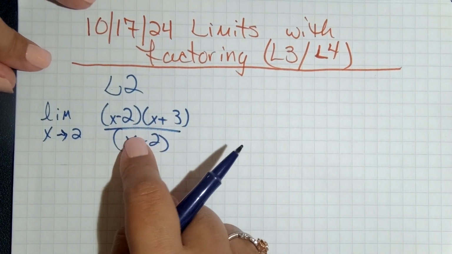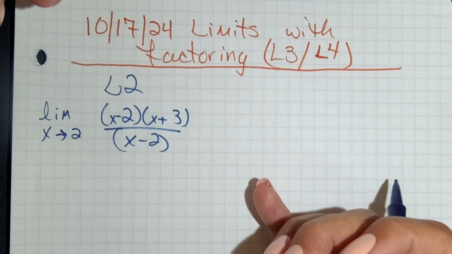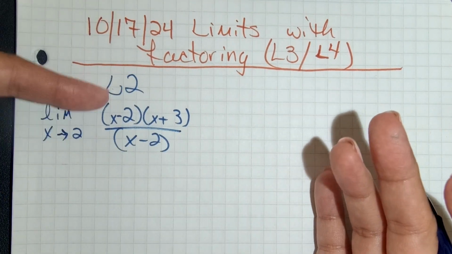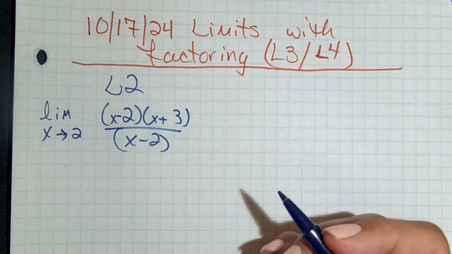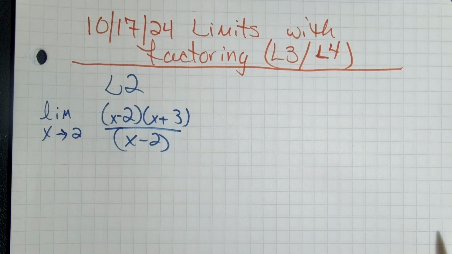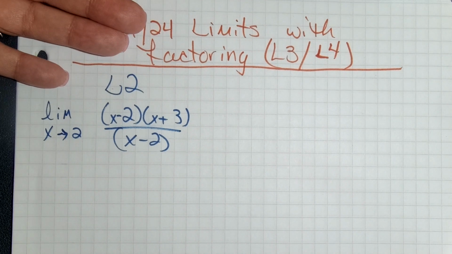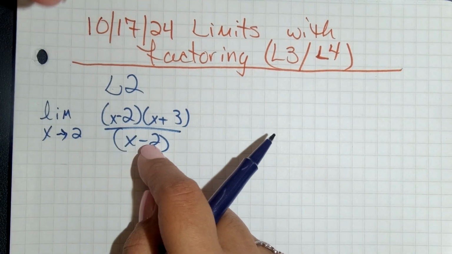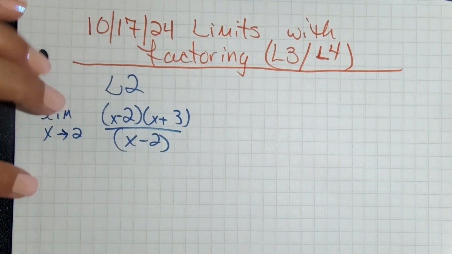We already had all the binomials factored out, right? All you had to do was do what to x minus 2? What did we have to do? Cancel it out. And then plug in the x. I heard somebody say cancel over there and plug in. Okay? All you had to do was cancel it out, plug in the x. This was already factored.